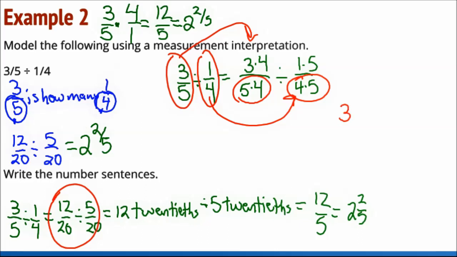So I've got 3 times 4 divided by 1 times 5. So I've got 12 divided by 5, or 12/5.